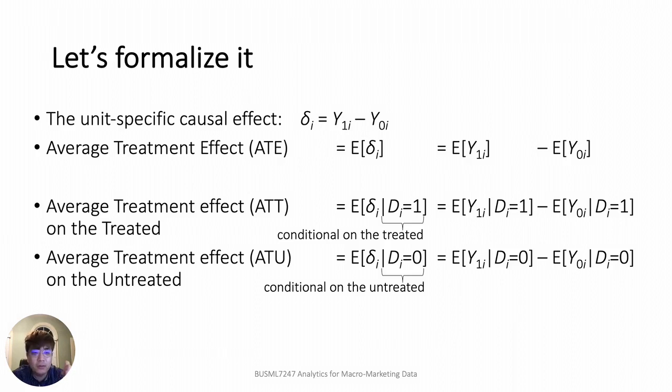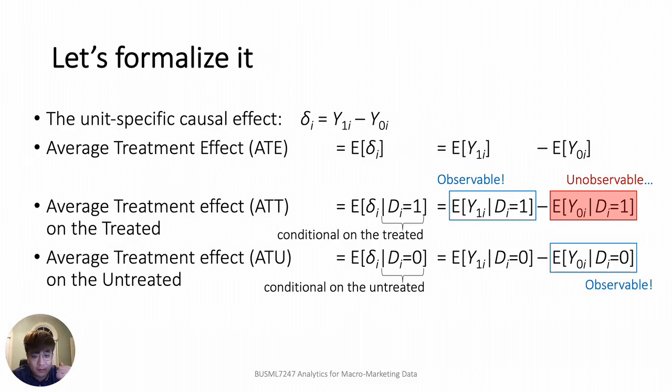And here, only two of the components of ATT and ATU are observable, because only one of the potential outcomes is realized. For the treated, the assignment Ti is 1, and the potential outcome for the treated case Y1i is observed, and the other potential outcome Y0i cannot be observed.